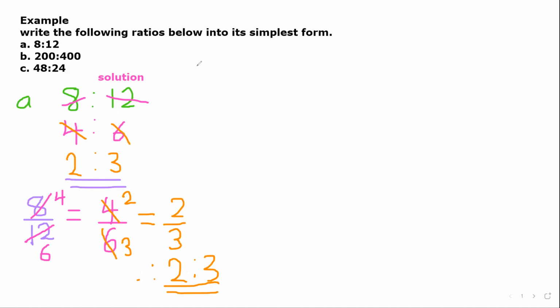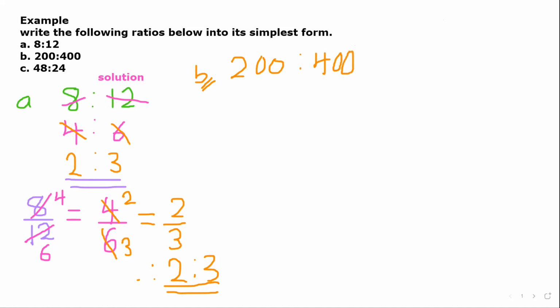Let's see the question B. The B, we have 200 to 400, okay? 200 to 400.